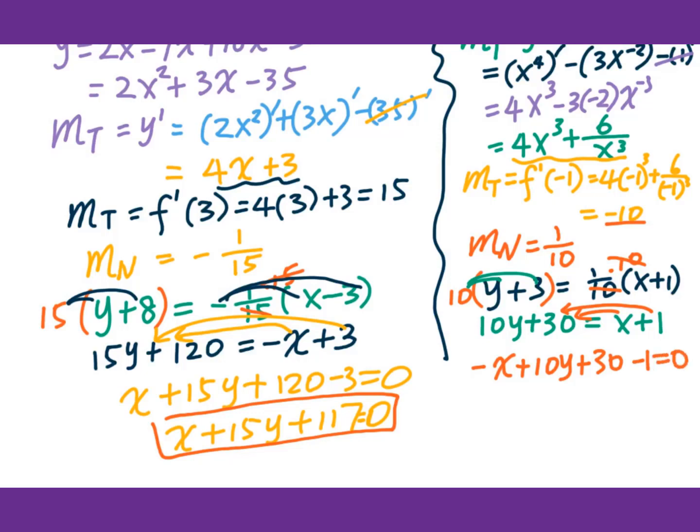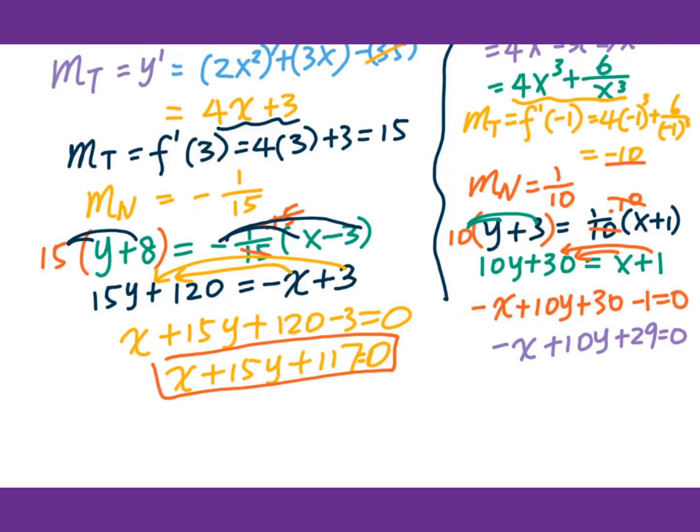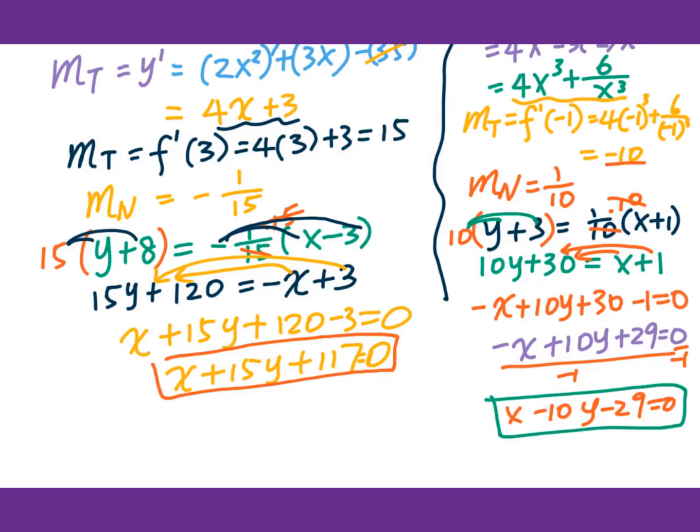Combine like terms: -x plus 10y plus 29 equal to 0. If we want the coefficient of x to be positive, we can divide by -1. So we have x minus 10y minus 29 equal to 0. This will be the final answer.